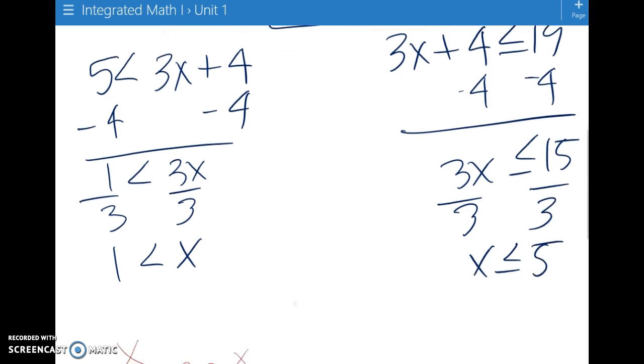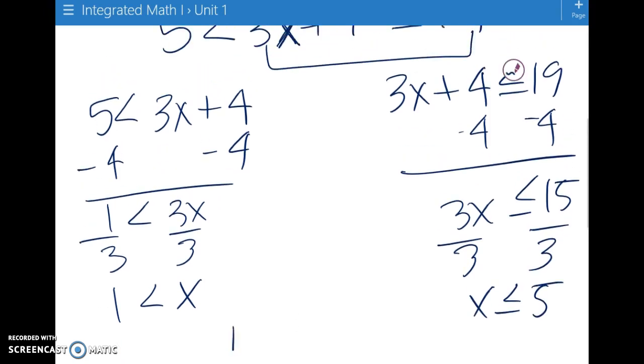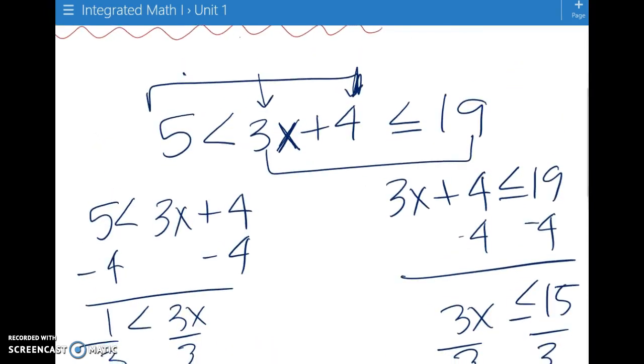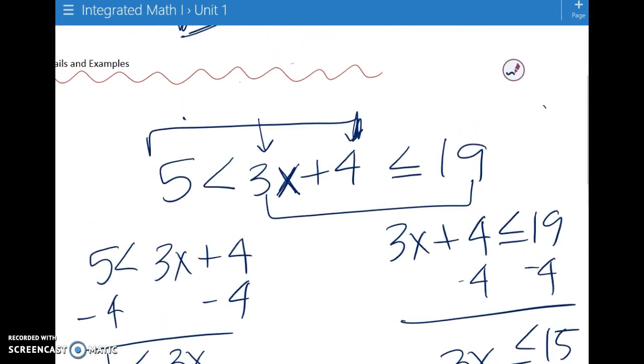All right, like we did here. Then you just got to put it back together. So 1 less than x, then bring that less than or equal to 5 over, like that. See? All right, maybe I'll show you one more like this.